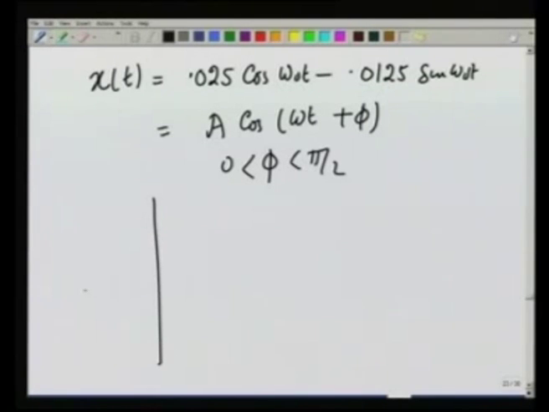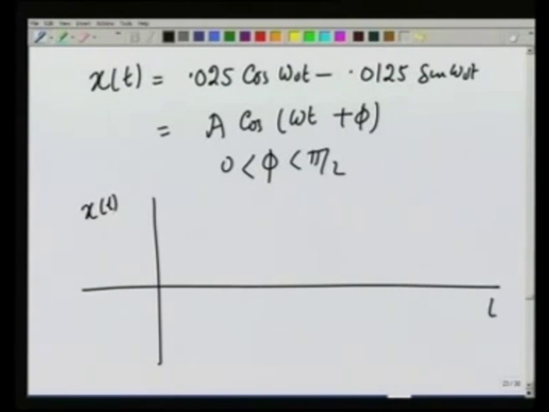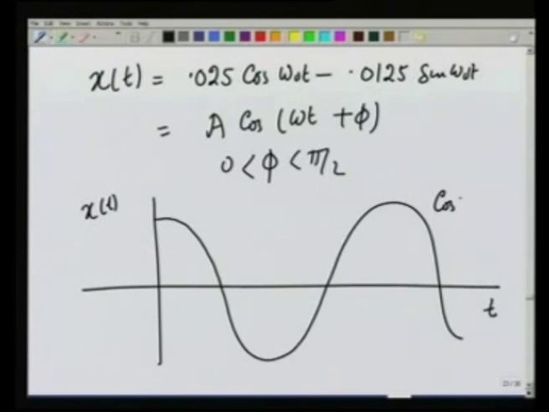it will look like this. I am plotting x(t) versus t. At t equal to 0, the function has already achieved what it would have achieved a little later if the function was pure cosine omega t. So cosine omega t looks like this.